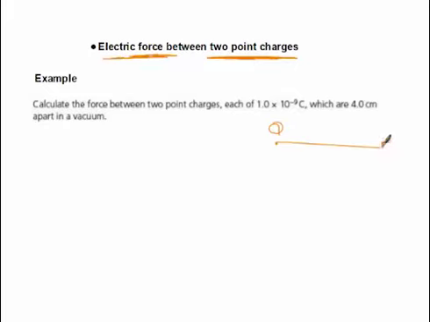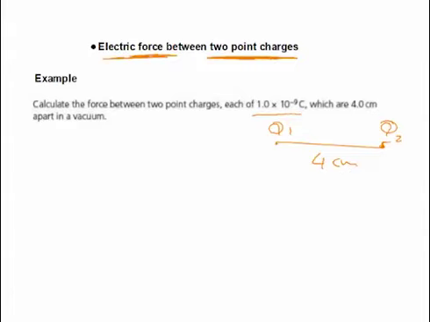This is a charge and this is the other charge, Q1 and Q2. Calculate the force between two point charges, each of 1 times 10 to the minus 9 Coulomb. So they are both equal charges, where they are 4 centimeters apart in a vacuum.